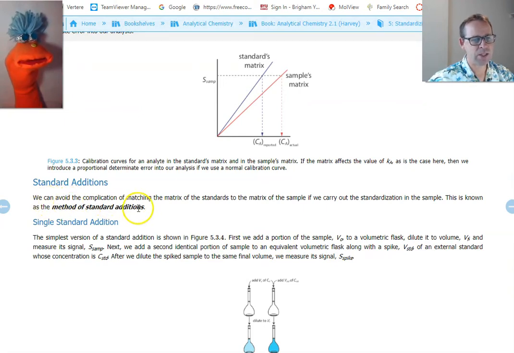Methods of standard addition are simply where you add a standard to your sample. All right, so you have a sample, it has some unknown in it, but then you add a known amount of your unknown, so your analyte. You add a known amount of your analyte.